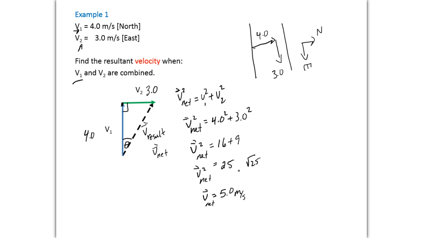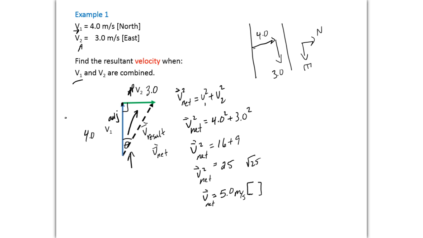Now you may be tempted to stop there, and that's a common mistake, but you also need to have the direction. So you have to go back here and find theta. Remember, they have a right triangle, so use trigonometry. If you're standing at this point, this is opposite, and this is adjacent.